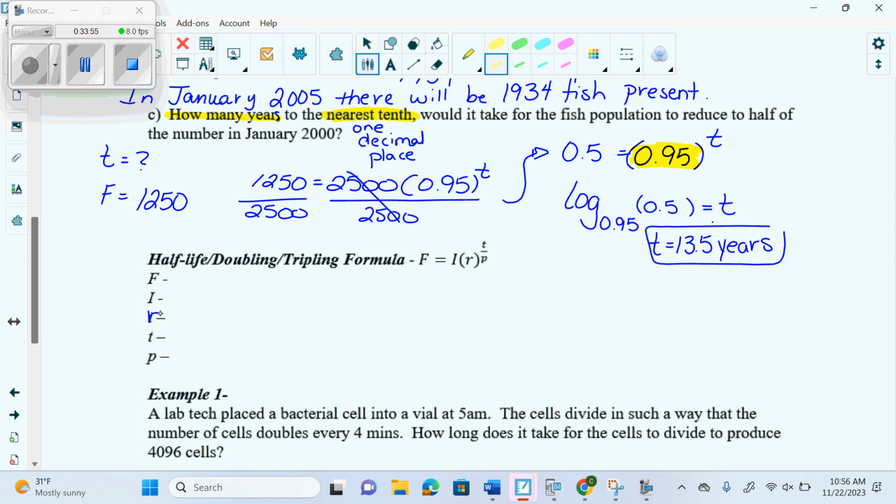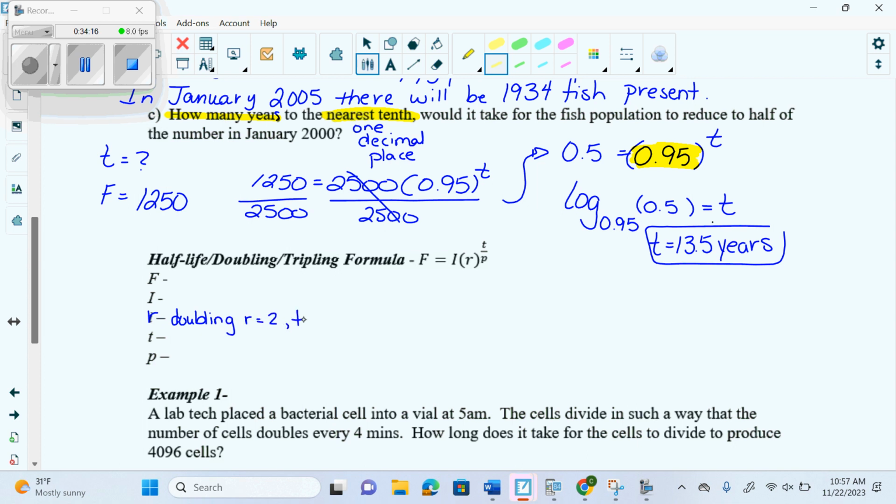2. What if it triples? 300%, and what would that be? 3, because I'm timesing by it, technically, right? I'm multiplying. I'm no longer 1 plus something or 1 minus something, I'm multiplying. So that's why it becomes an R. So if I'm doubling, I go from 100% to 200%, and in decimal form, R would be 2.